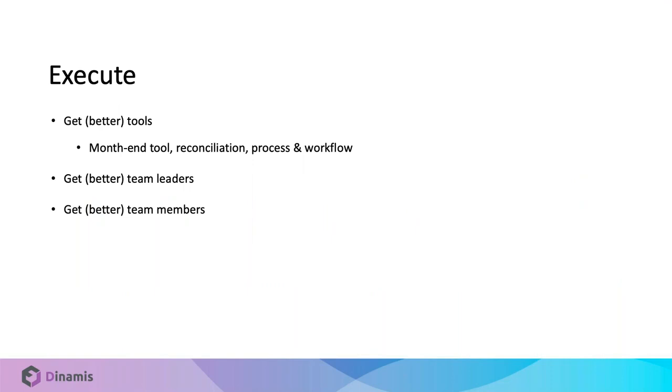I alluded to this a little bit earlier, but getting good tools, execution, is step number 7. What you really need to be in a mode of doing is setting up an assembly line to deliver financial statements and financial information to your clients.